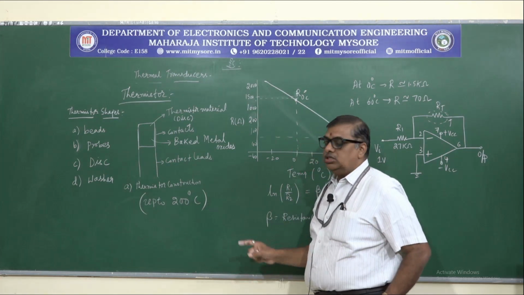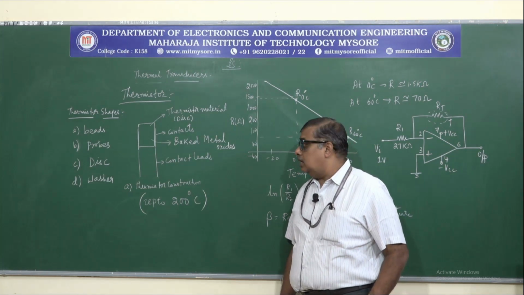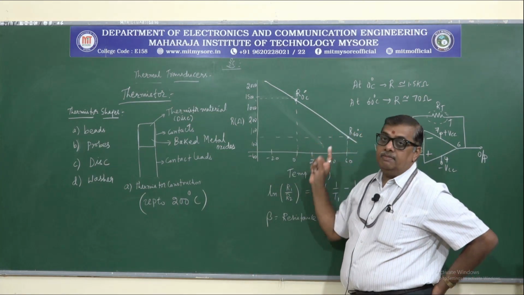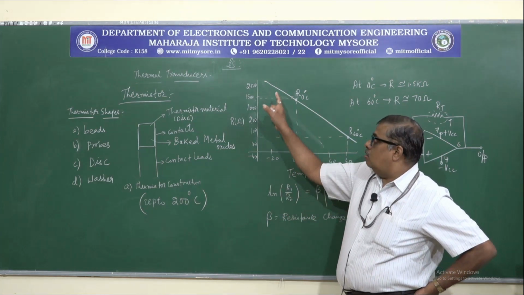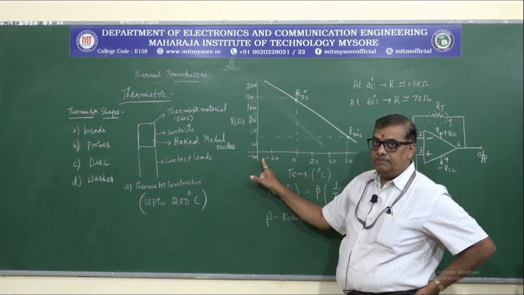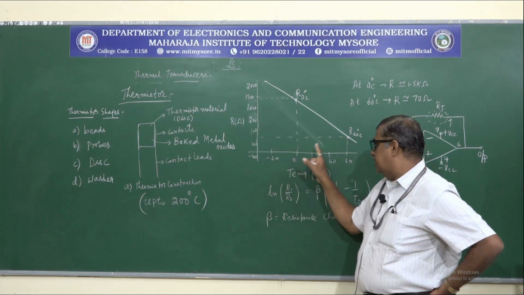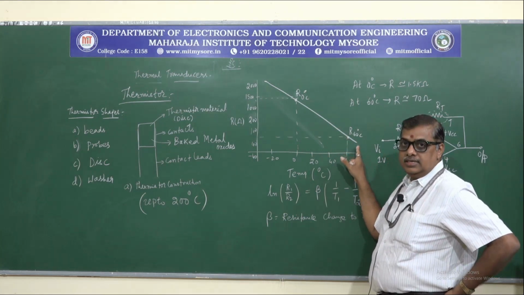Usually thermistors work on a negative temperature coefficient. That means they have large resistance at small temperature, and when the temperature is very high, the resistance decreases.